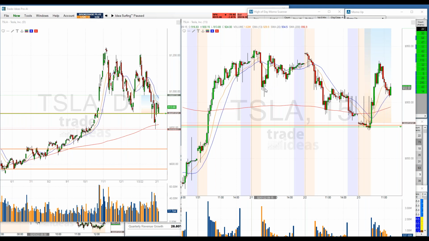Okay, let's take a look at Tesla. What did we say on Tesla this morning? First, we need to identify the three items. The overall trend on Tesla, look here.